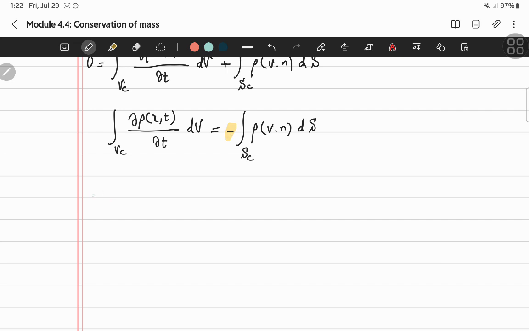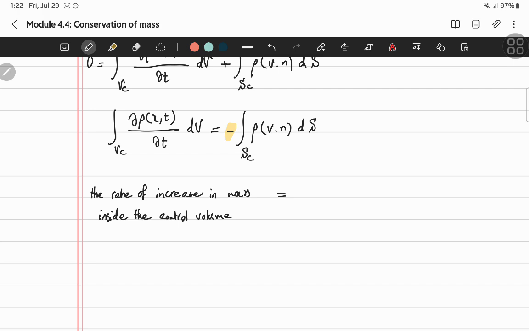So we can write this as: the rate of increase in mass inside the control volume is equal to the mass influx, because the book actually used the minus sign to say that something enters through the boundary.